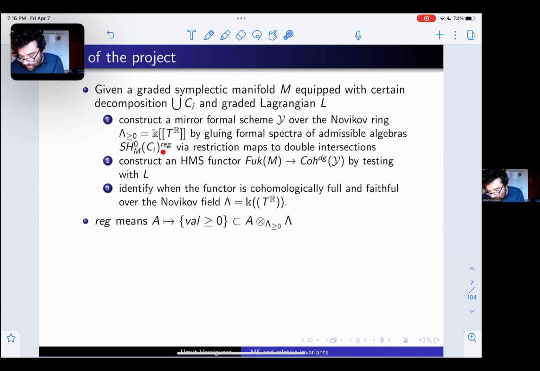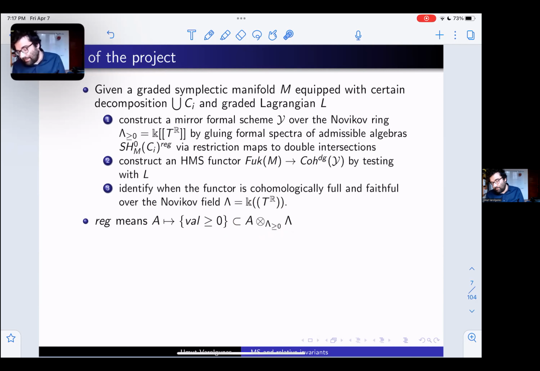Okay, so I wrote this reg here. It's not something fancy. I will have some Novikov ring modules. And if I'm given a Novikov ring module, I can tensor it with the Novikov field, almost like the quotient field. And inside this, I have evaluation. I have a lattice inside this given by just A. And that gives me an evaluation.